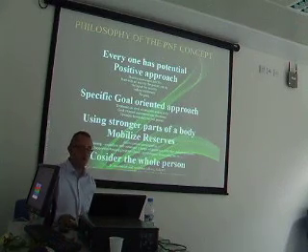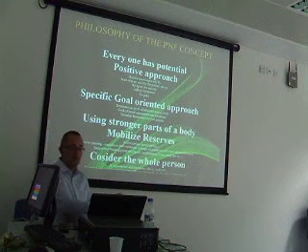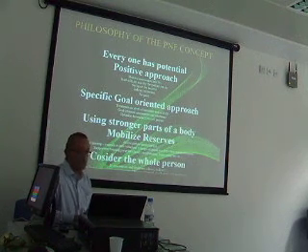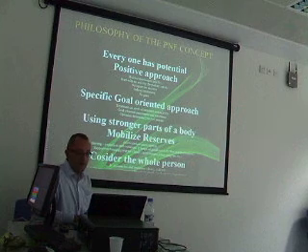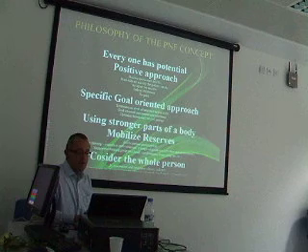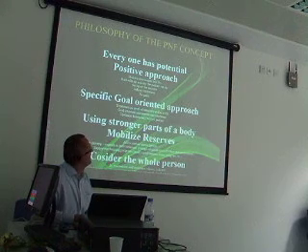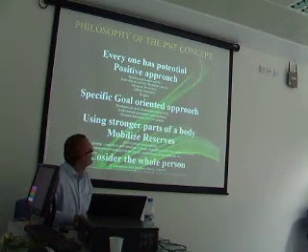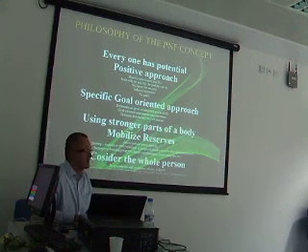Going back to the philosophy of the PNF concept, it says that everyone has potential, so basically we have to look for this potential. There's a positive approach, which means a positive assessment that starts with an activity the patient can perform, and basically the therapy is supposed to set up the patient for success, even though he is maybe not very strong.